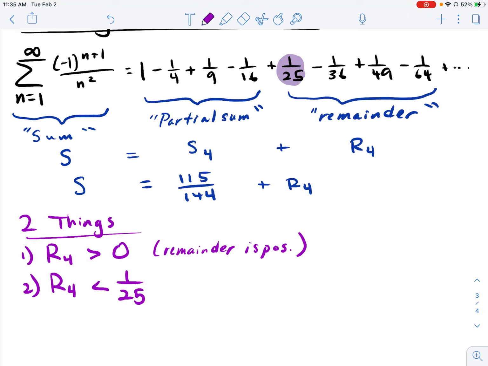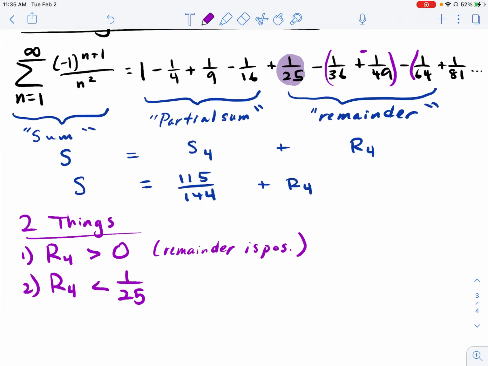Well, if you had a chance to think about it, one way of thinking about this is to look at the terms after 1 over 25. I'm going to group together 1 over 36 minus 1 over 49, and since I'm putting parentheses around that, this is going to be minus 1 over 49. And in order for this to all work, I actually need one more term here, so I'm going to say this is plus 1 over 81, since it's 9 squared.